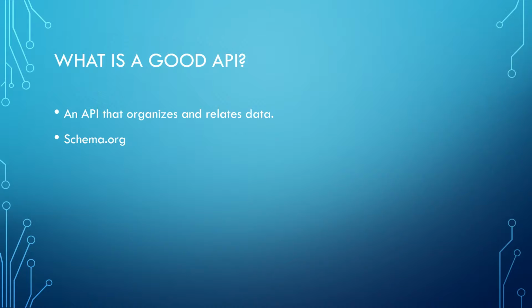A good API is something that organizes that information and is able to relate the data. What I mean by that is make relationships based off the data. Like on the Shipwise example, relating the tracking number to the order and tying it all together with the canonical source, which is Amazon or WooCommerce or wherever.